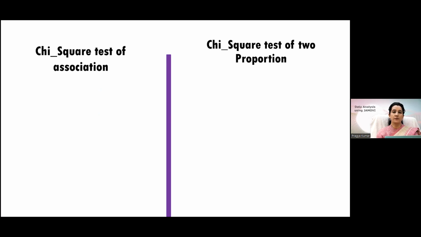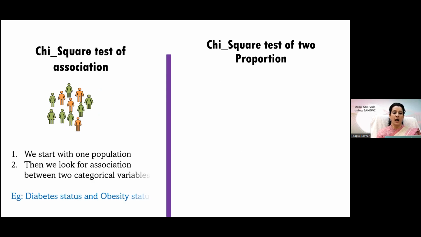Now, how is this different from the chi-square test of association? I said that the basic difference is in the study design. In chi-square test of association, you start with a set of individuals and you ask regarding the variables. So you start with one population and then you look for association between two categorical variables like diabetes and obesity.